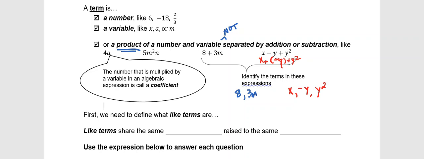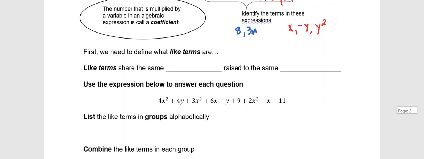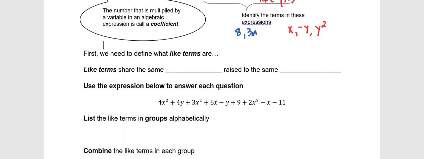Okay? So if we're going to move on to determining what like terms are, I'm going to just explain to you that like terms share the same variable, and equally as important, those variables are raised to the same power.